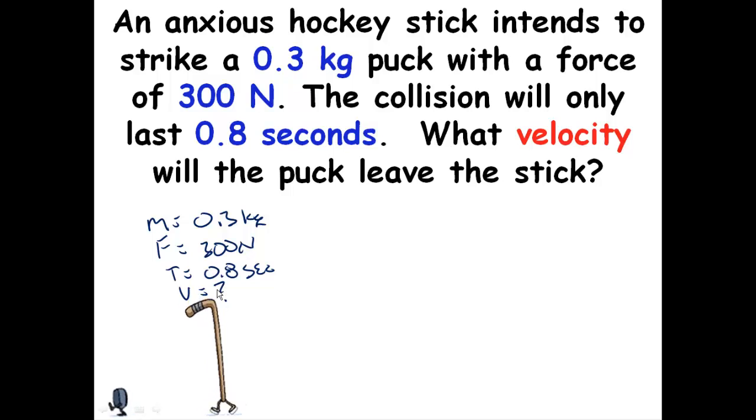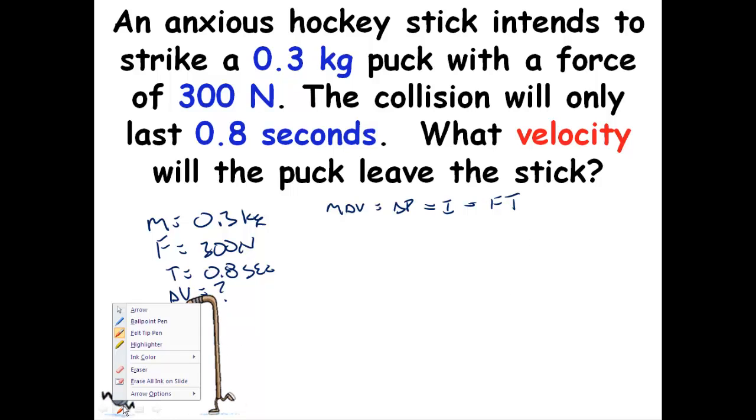What's the velocity it ends with? So that sounds like we're looking for a change. So how do you do this? Very simply, take that big formula that we had, m delta v equals a change in momentum equals impulse equals force times time. Let's check off the things we know.